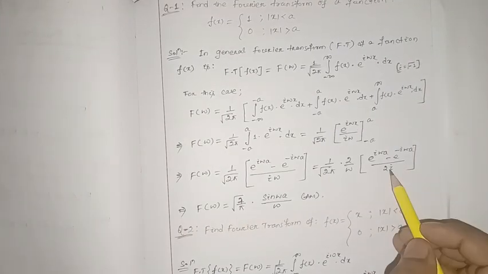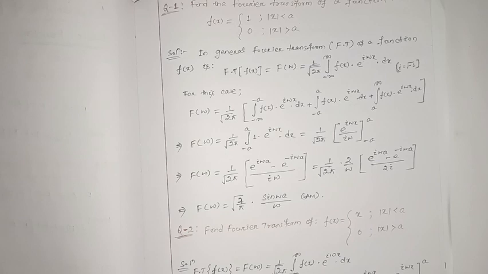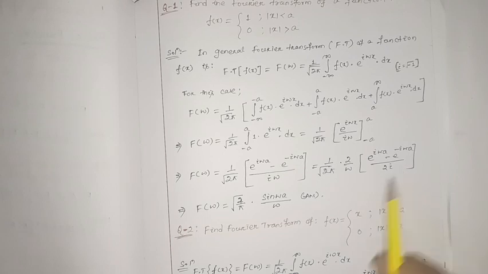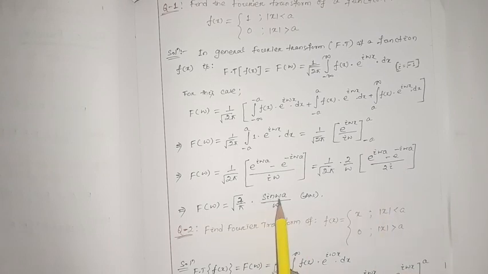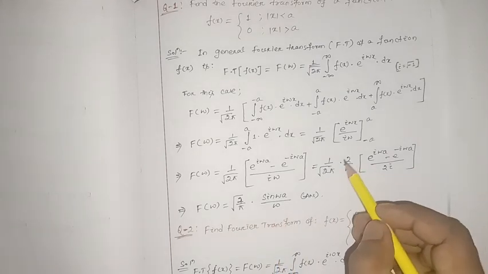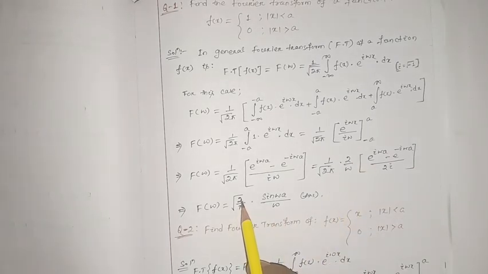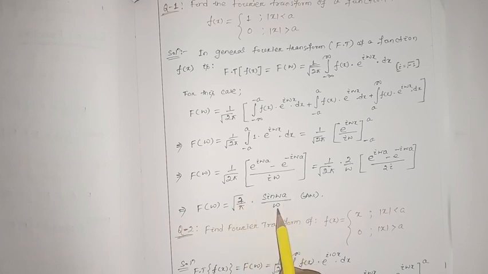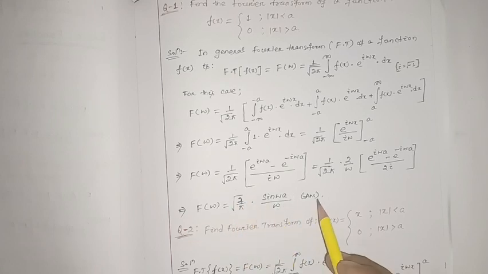The 2i in the denominator gets cancelled, and we get sin omega a by omega, and with the 2 and root 2 we get root of 2 by pi times sin omega a by omega as the answer.